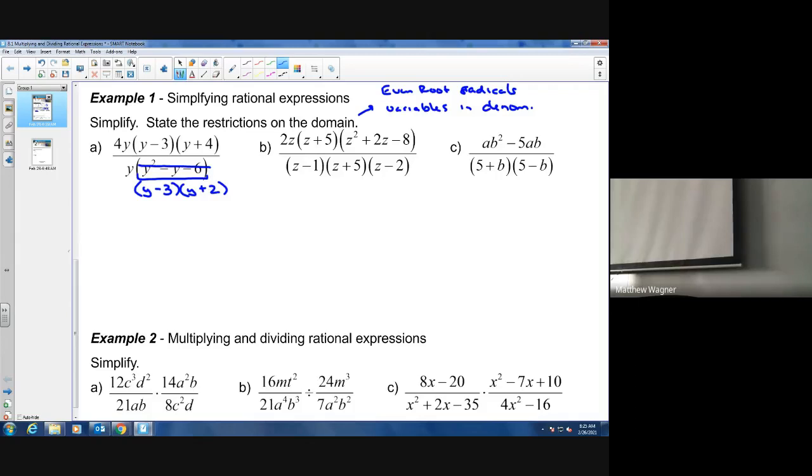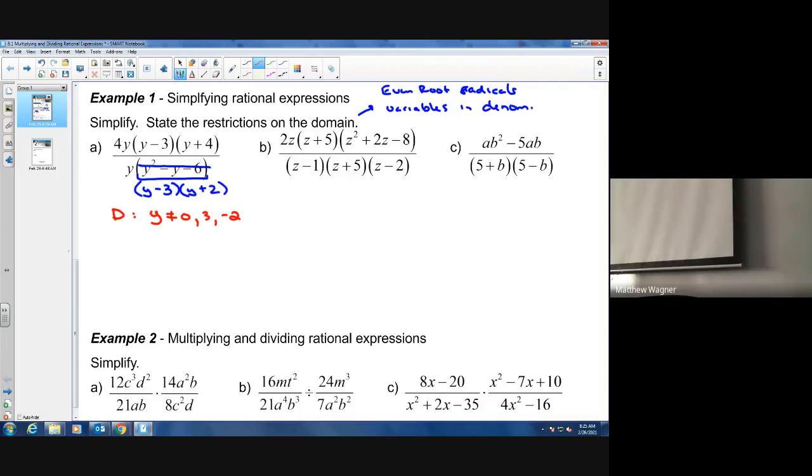At this point, we want to simplify. Actually, before you simplify, it's probably easier to look at your domain restrictions, because as we evaluate any restrictions on our domain, we want to use the original expression. In this case, I see y minus 3 and y plus 2 in my denominator. So I know that y can't be 0, it can't be 3, and it can't be -2.